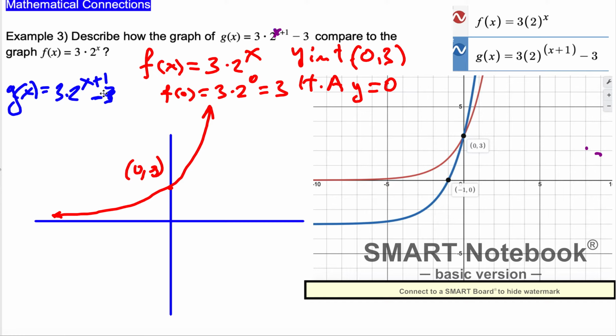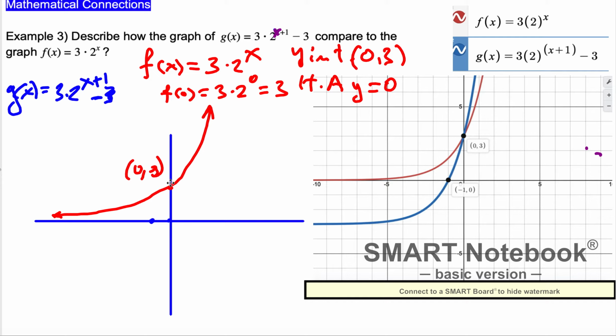For example, this point here is a 3, so it's going to go 3 units down, up to here. And then this point goes 1 unit to the left. So it's here. The translation is 1 to the left and 3 units down.